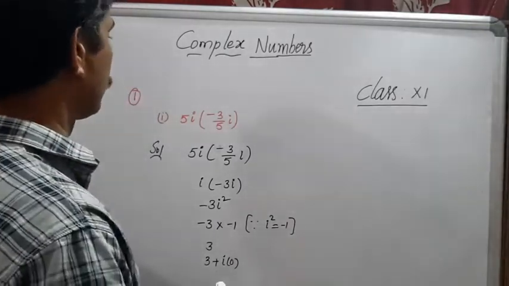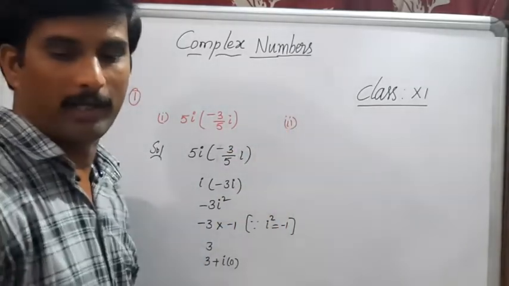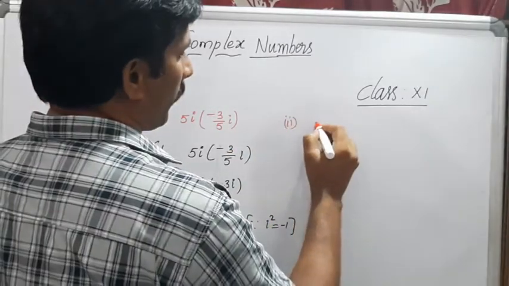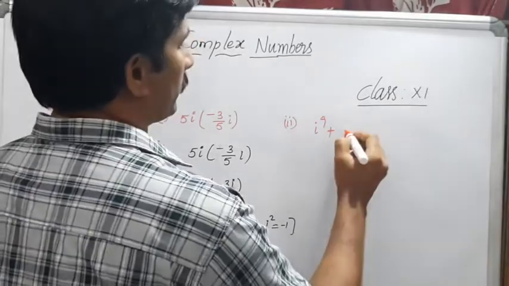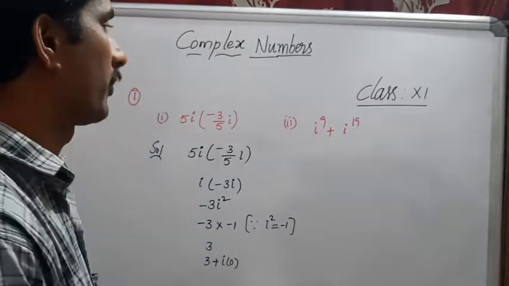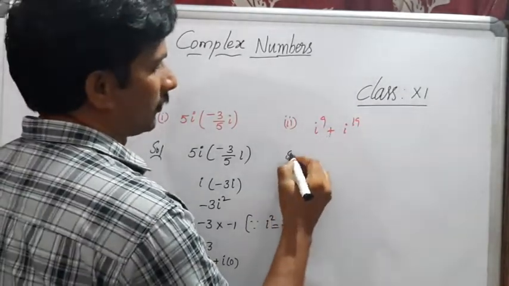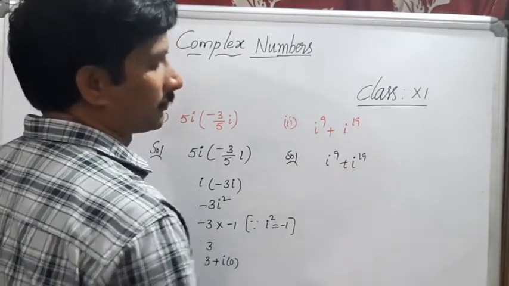Second one: i power 9 plus i power 19. So consider i power 9 plus i power 19.